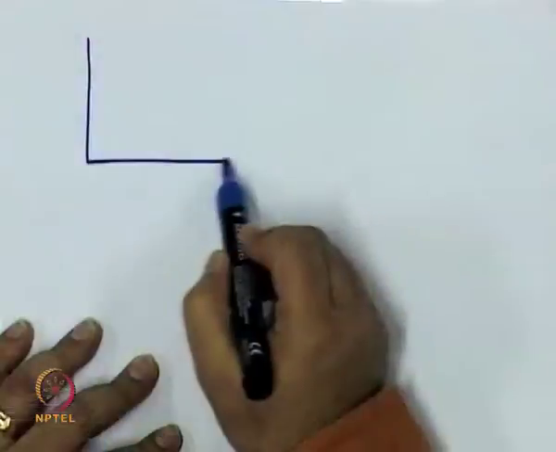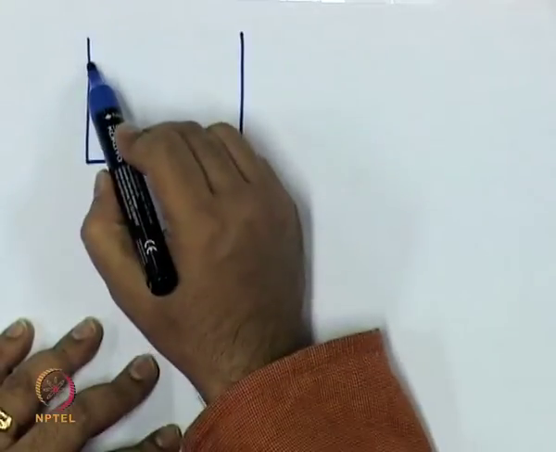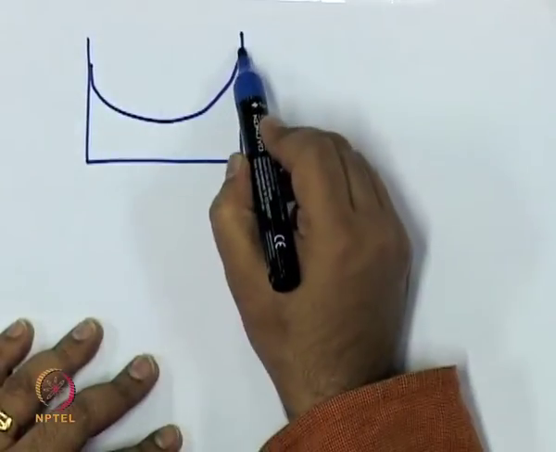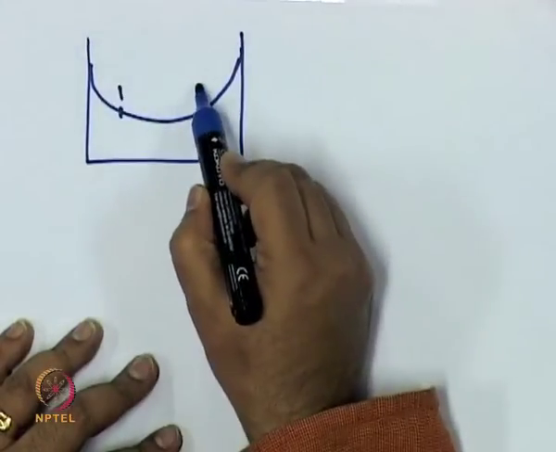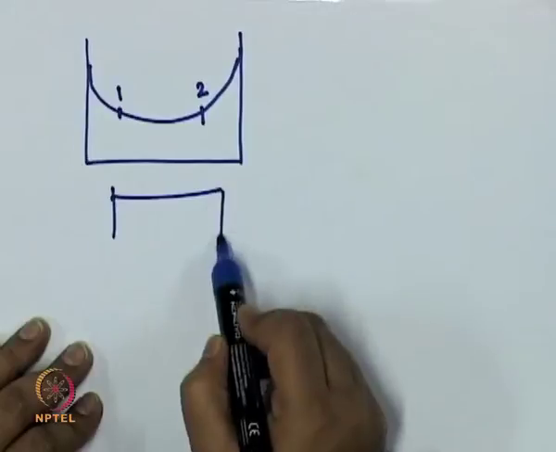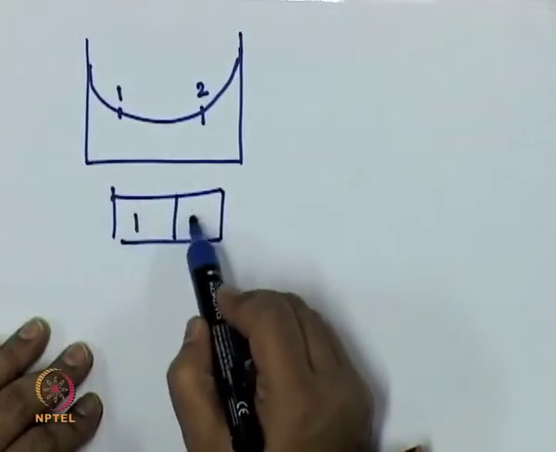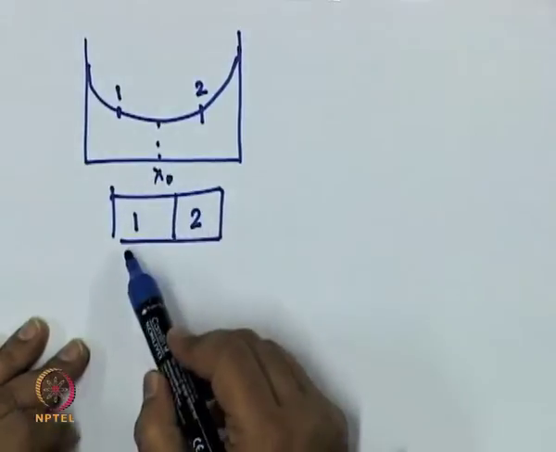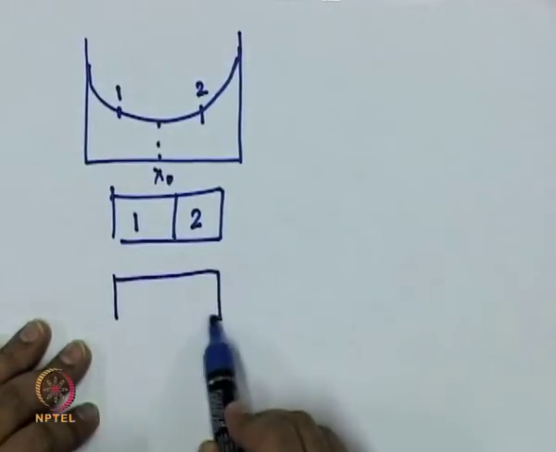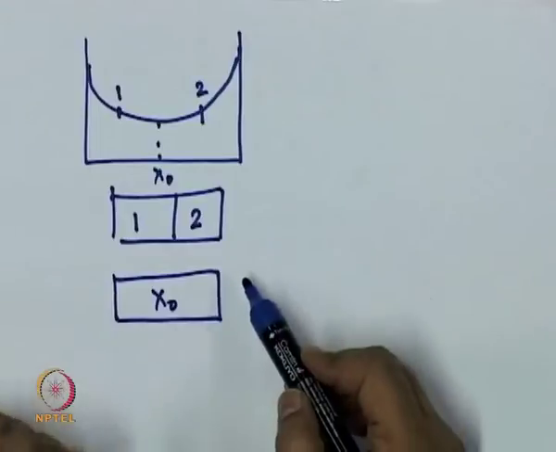We are discussing a case where the free energy is like this, and then I am talking about a weld which consists of compositions 1 and 2, and in this case the overall alloy composition is somewhere here and the system goes to that overall alloy composition.